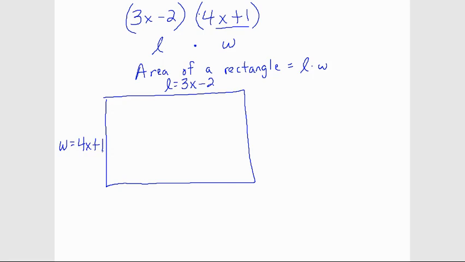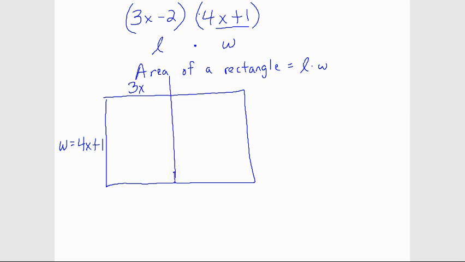Now, does this help me get any closer to solving it? In a way it does, because I don't know how I would multiply 3x minus 2 times 4x plus 1, but what I do know is how to multiply 3x times 4x. So what I'm going to do is I'm going to erase this, and I'm going to write it as 3x, and then I'm going to draw a line, because I still had that minus 2.